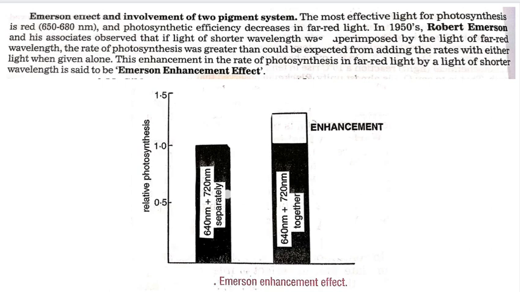This enhancement or increase in the rate of photosynthesis in far red light by a light of shorter wavelength is said to be the Emerson enhancement effect. So what has happened here? The rate of photosynthesis in far red light was lesser, and when it was superimposed by a light of shorter wavelength, the rate of photosynthesis increased, and this is called the Emerson enhancement effect.